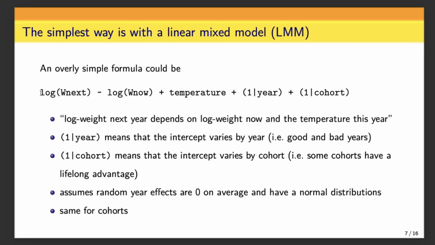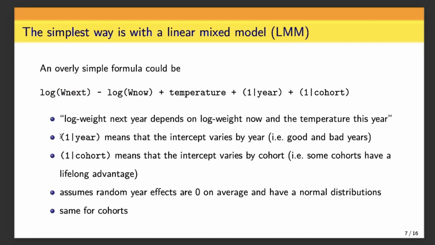If you're doing it in LME4 or GLMMTMB, this is the formula syntax that you would be familiar with, perhaps, where the random effects are written like this, and the fixed effects can be written like this. What we're saying here is our response variable, log weight in the next year, depends on log weight now and the temperature this year. That's the fixed effects part of the model.